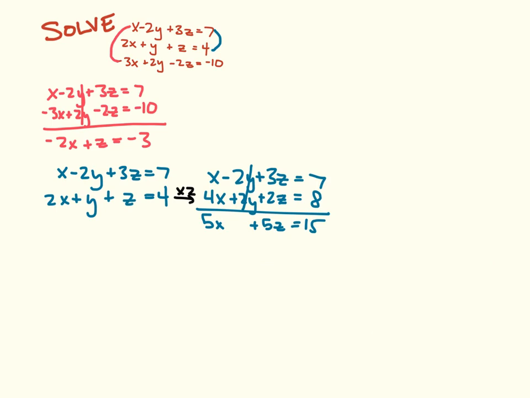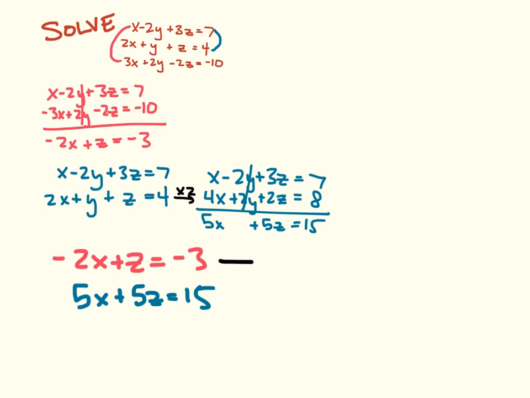So we have negative 2x plus z equals negative 3, and 5x plus 5z is equal to 15. So again, we have a situation where nothing is eliminating. I'm going to have to multiply this top equation by negative 5, in order to get a negative 5z in this top equation.